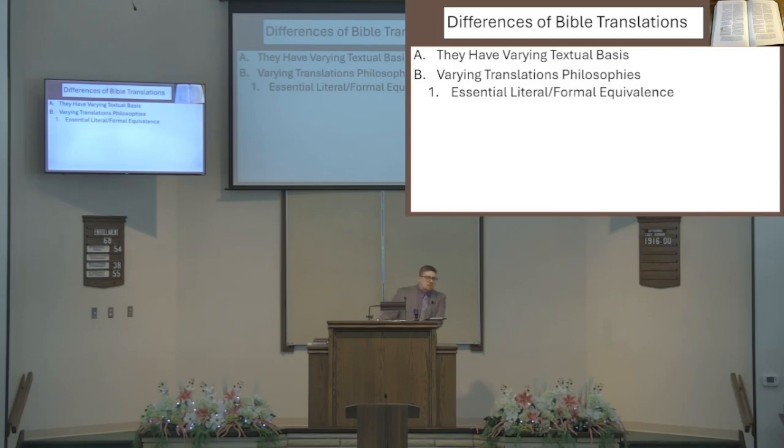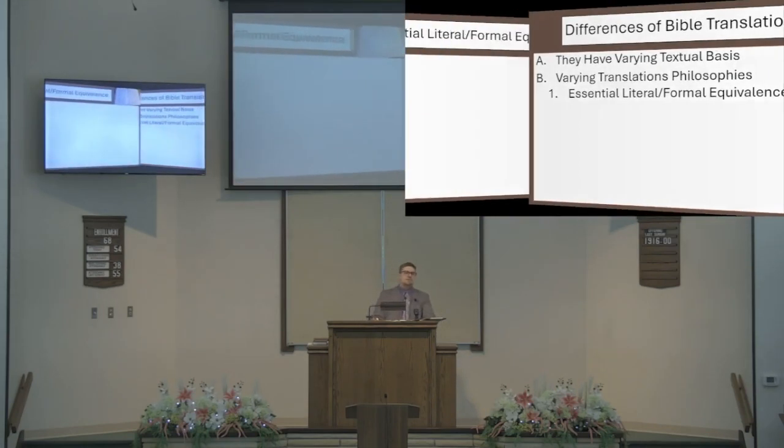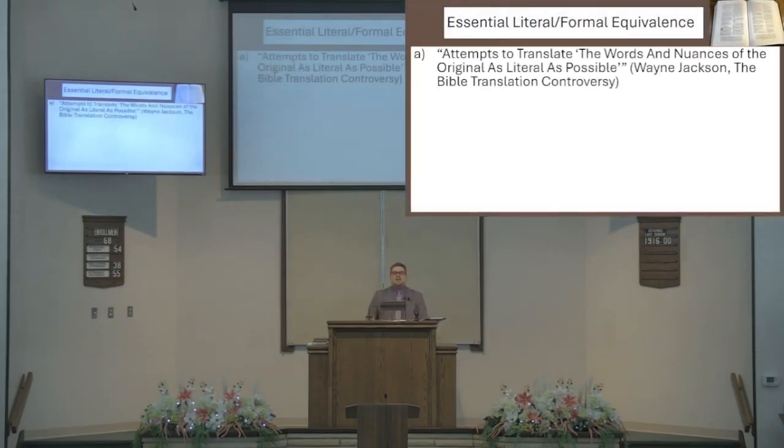The first of those is what is known as the essential literal or formal equivalence. So Wayne Jackson, in his material, The Bible Translation Controversy, said that the essential literal attempts to translate the words and nuances of the original as literal as possible.